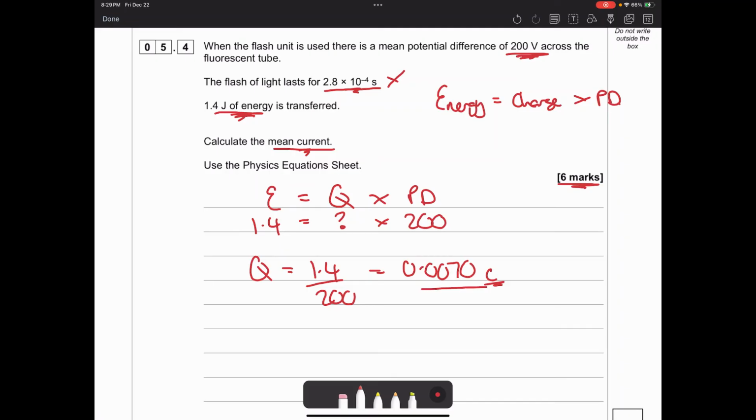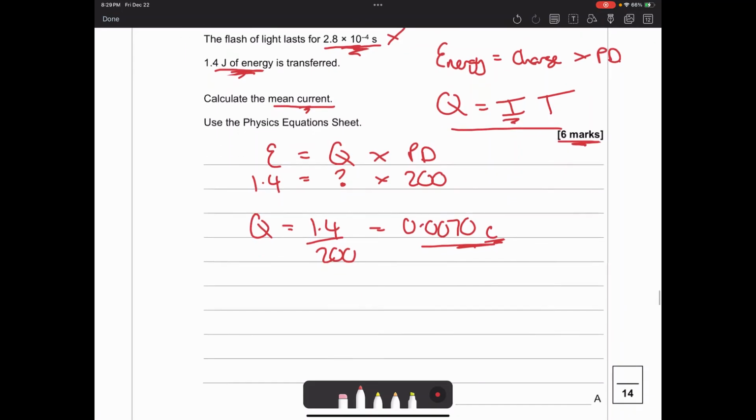I then think about, right, I've now got a charge value and I've got time here. If I know charge, which is Q, and I want to know my current, and I've got time as well, then I can use this equation to find my current.